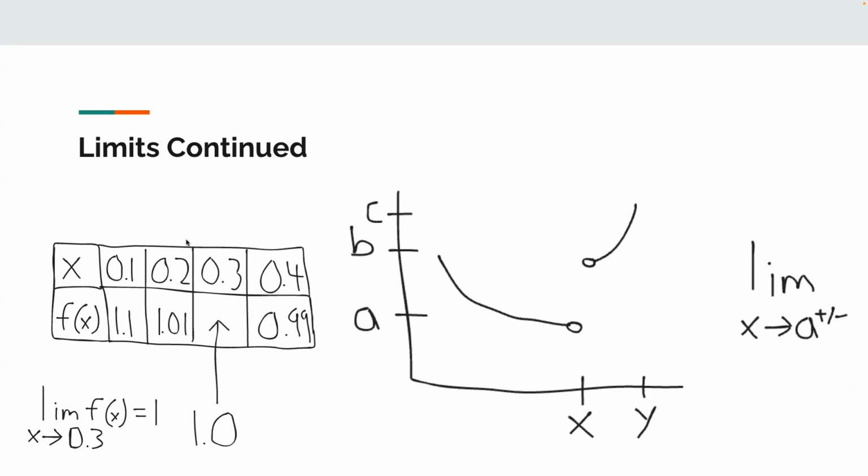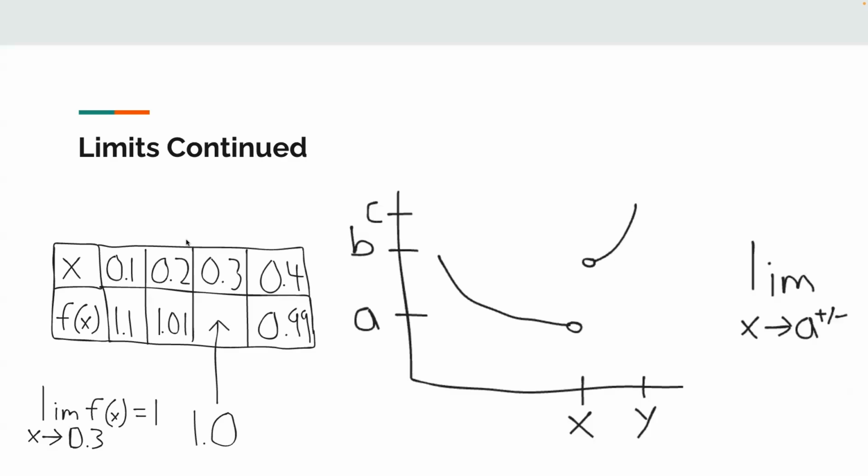On the right, I have this piecewise function, and for the limit as x approaches a point, we can evaluate it from both sides. The limit as x approaches from the right side is going to be a, and from the left side, that's going to be b.